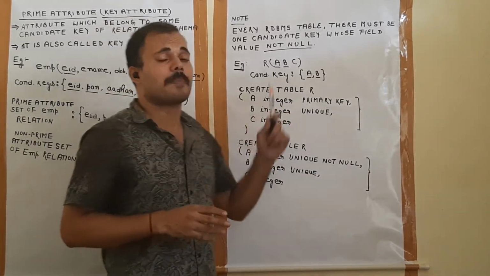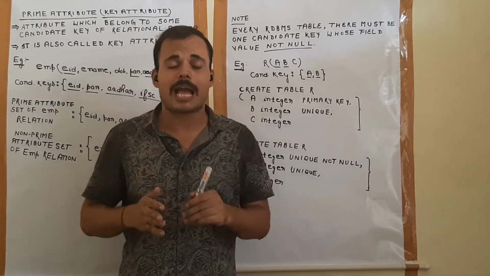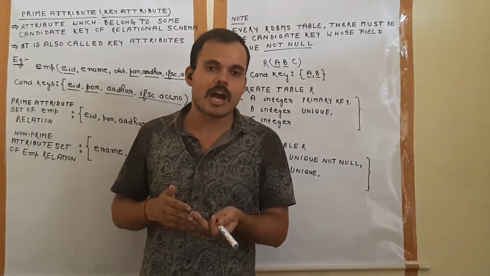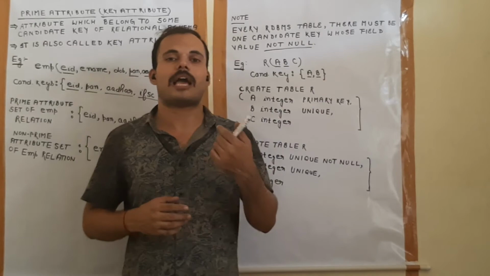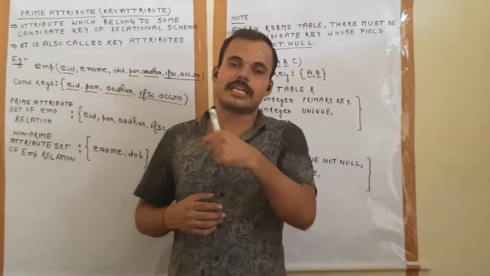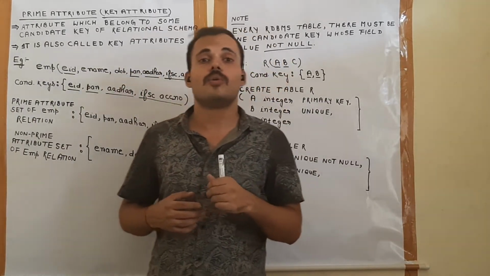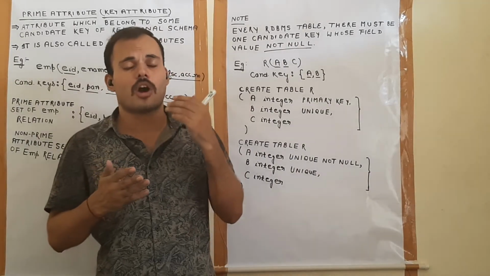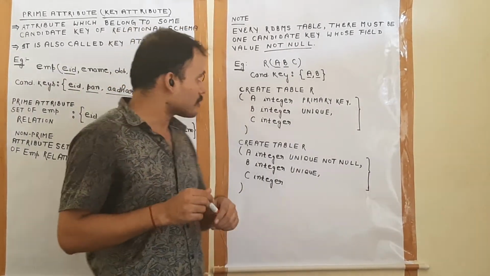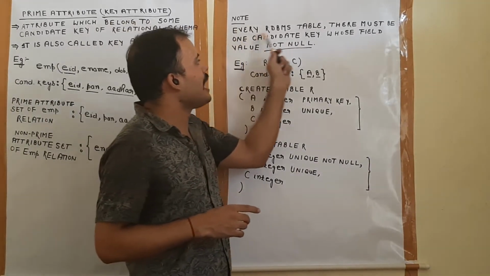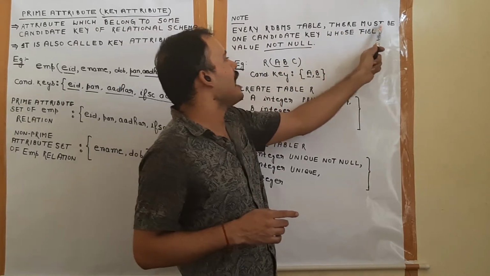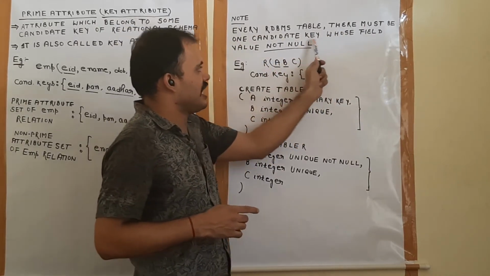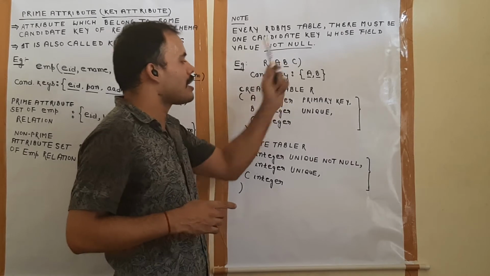But A is a primary key, and in the primary key nulls are not allowed, as we also know, primary key is one of the candidate keys whose field values are not nulls. So see here, in every DBMS table there must be one candidate key whose field value is not null.